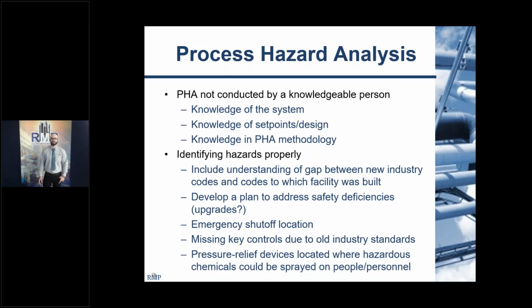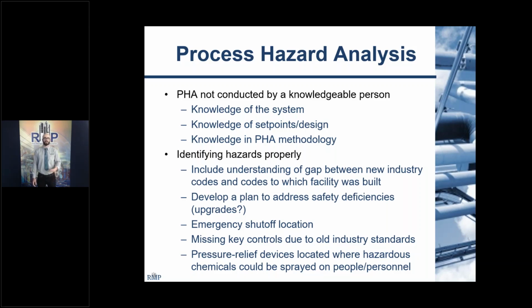Moving on to process hazard analysis. For your PHA, it's important that knowledgeable people are attending these meetings so that the most accurate description of how the system works, how it functions, and what things are likely to occur, the severity, likelihood, and risk that are associated with them are all addressed appropriately.